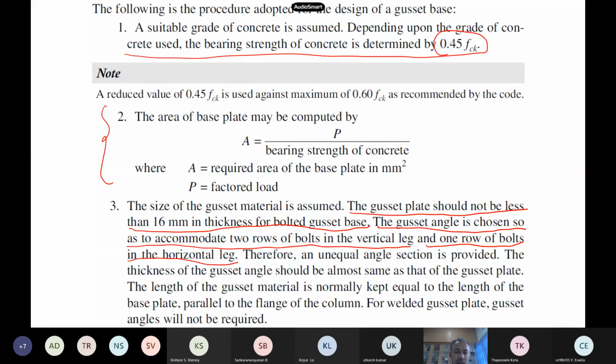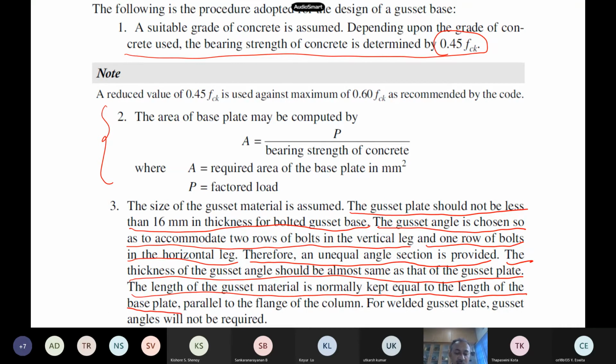We generally use an angle section only, and the thickness of the gusset angle should be almost the same as that of the gusset plate. So if you are taking 16 mm for the gusset plate, the gusset angle should also be 16 mm, and the length of the gusset material is normally kept equal to the length of the base plate.